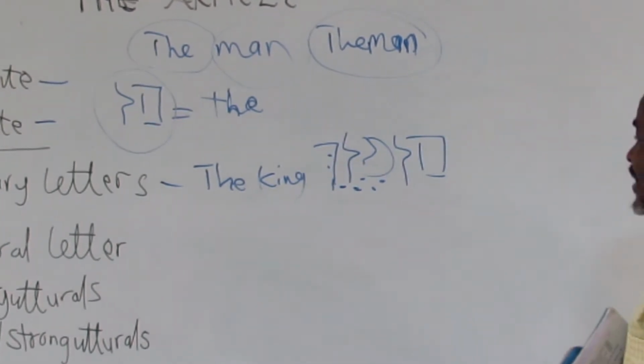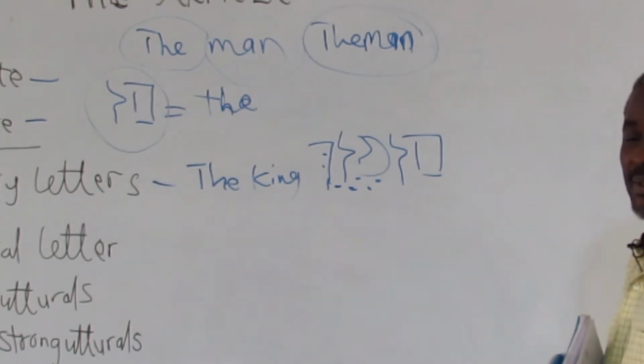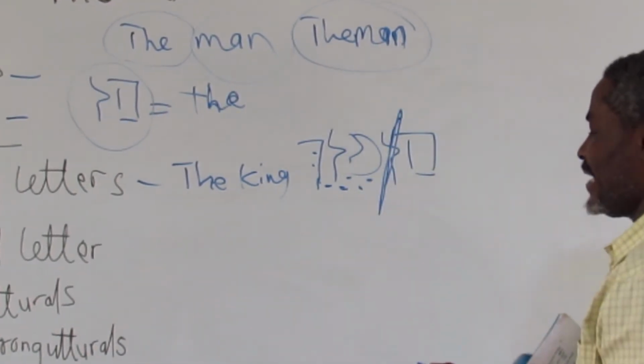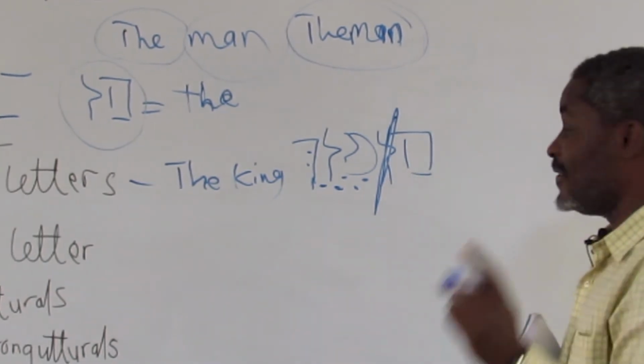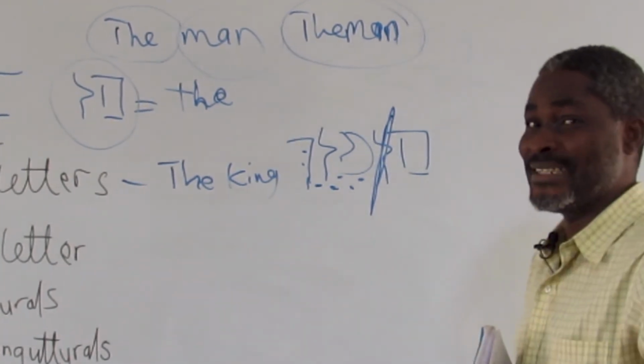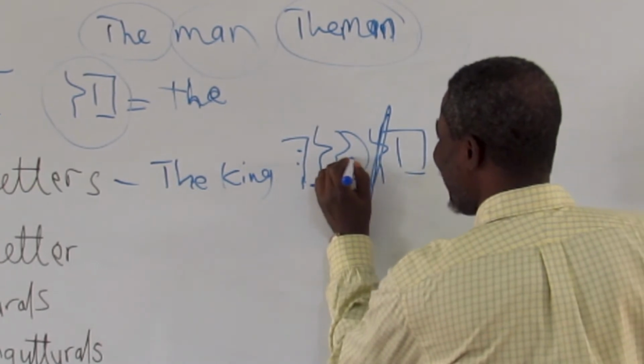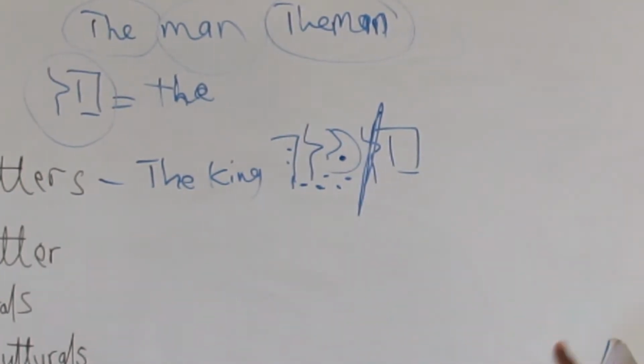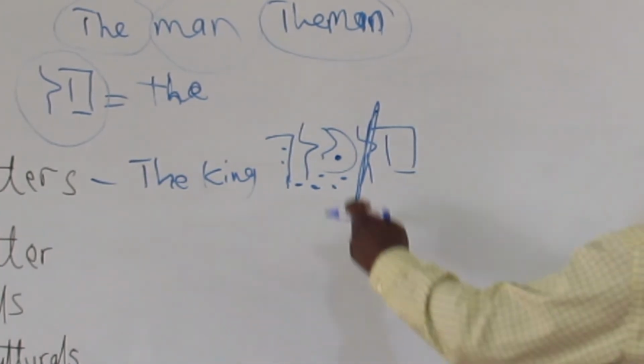But because two words have been joined together, the lamed drops. And the lamed that drops has to be compensated for. So you put a dagesh forte inside the word that follows, which is the melech.